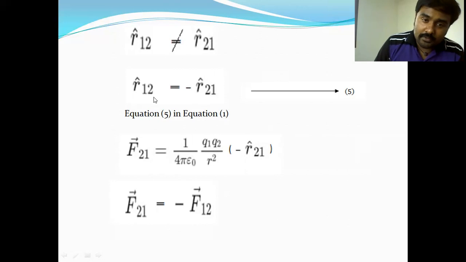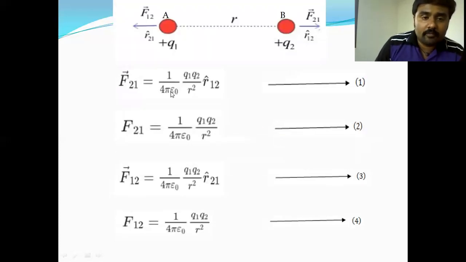The magnitude of R12 cap is equal to the magnitude of R21 cap, but R12 cap is not equal to R21 cap. Now call this equation number 5. Equation 5 and equation number 1: equation 1 is 1 divided by 4 pi epsilon naught, Q1 Q2 divided by R square, into R12 cap. So R12 cap is minus R21 cap.